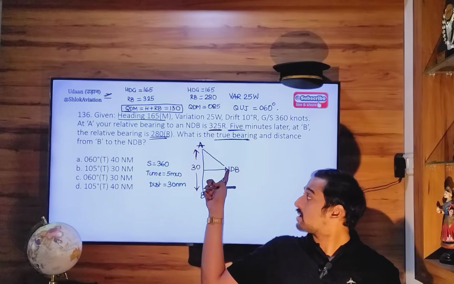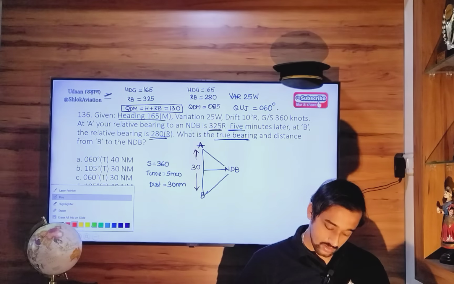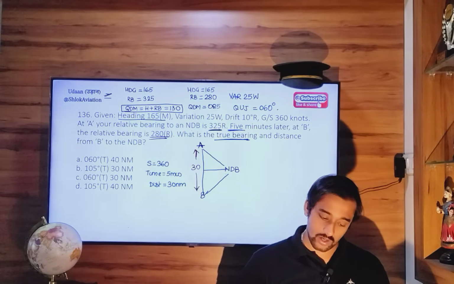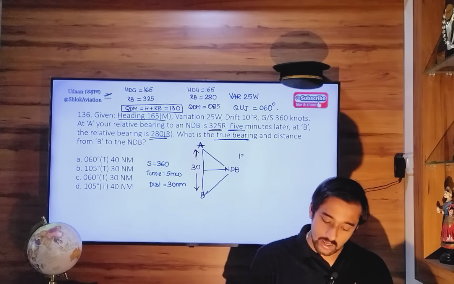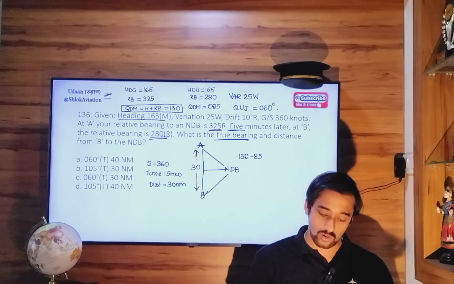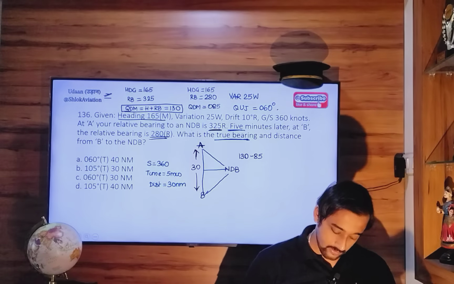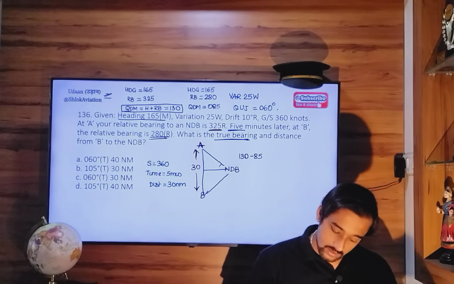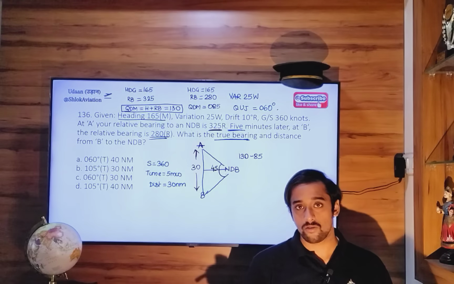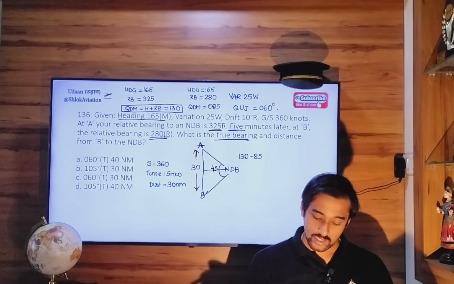Now this angle is equal to 130 minus 85, that is 45.